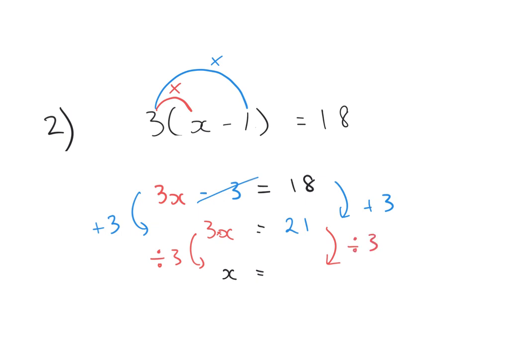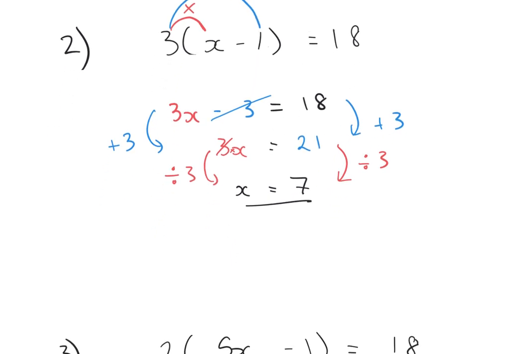That gets rid of this 3 here. So we're left with x is equal to 7. The only thing that normally trips people up, going from number 1 to number 2, is that little minus there. They often do 3 minus 1, which is 2, or something like that. Just make sure we're timesing these, alright?